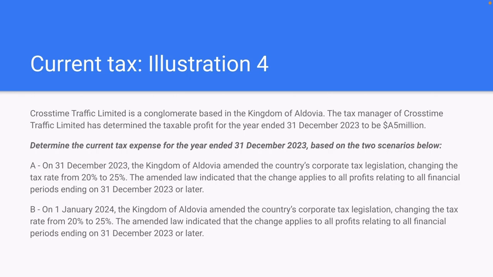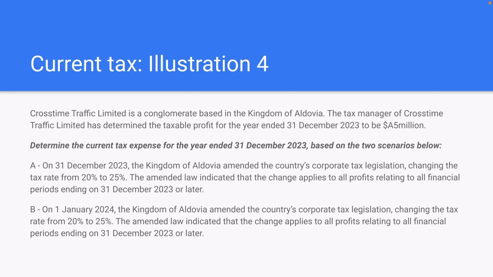I think I should solve this scenario before going to the second scenario. So in this case, the tax rate is changing from 20 to 25%. It applies to all profits relating to periods that are ending 31 December 2023 or later. We've been told that the year end of Cross Time is 31 December. And the law was passed 31 December.